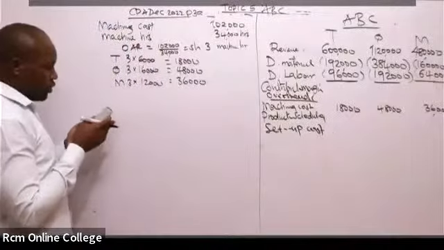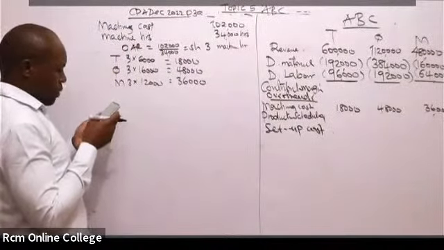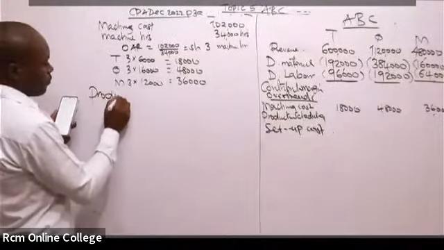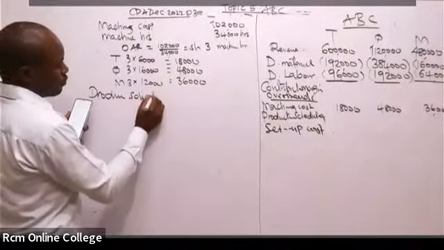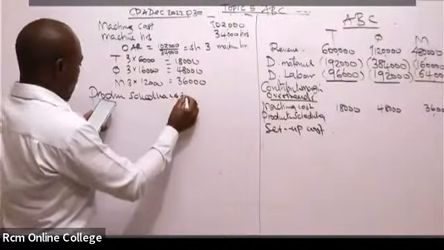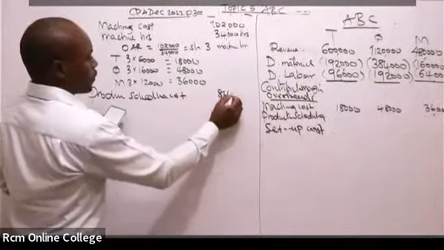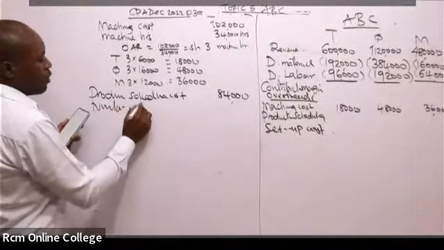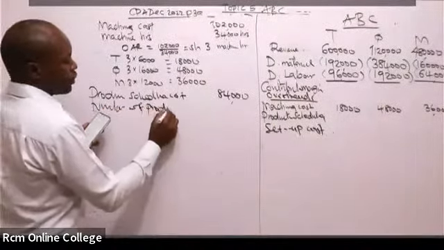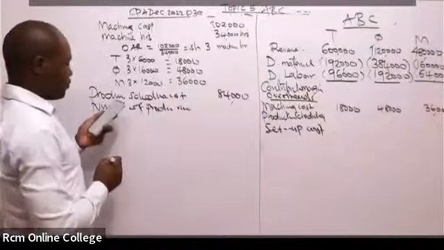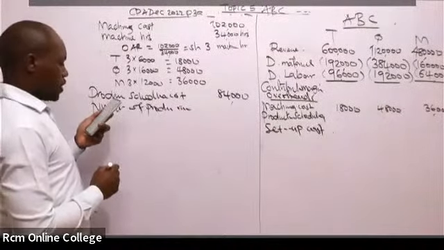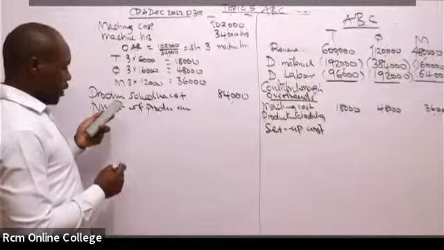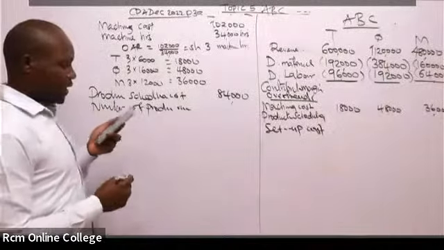Then production scheduling cost, driven by the number of production runs. We have 84,000, to be distributed based on the number of production runs, which is 6 plus 16 plus 8.